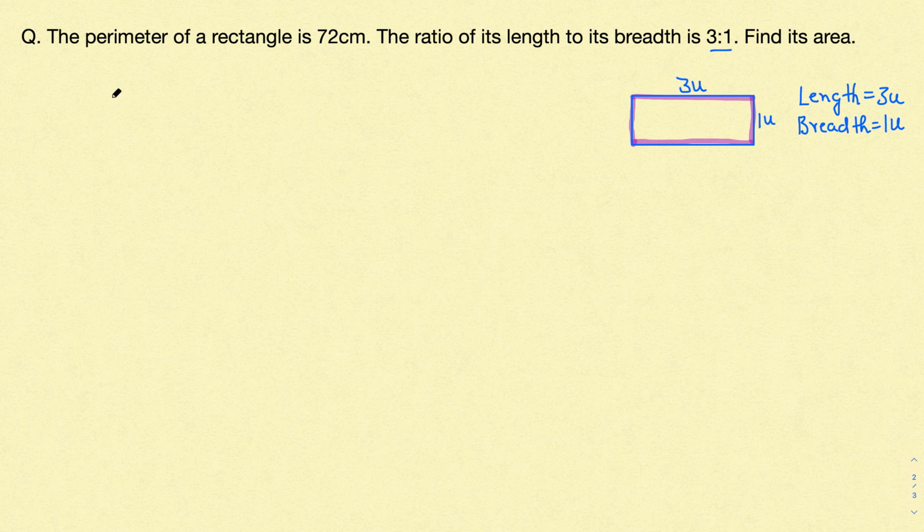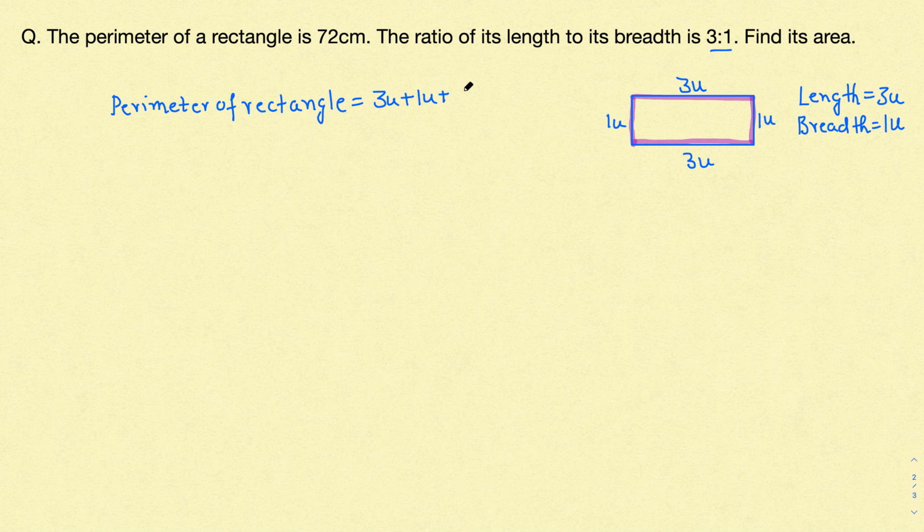Okay, so we can say that the perimeter of the rectangle is equal to how much in terms of units? See, it's the length 3 units plus the breadth 1 unit. And the opposite sides of the rectangle are equal, right? So this length will also be 3 units and this breadth will also be 1 unit.